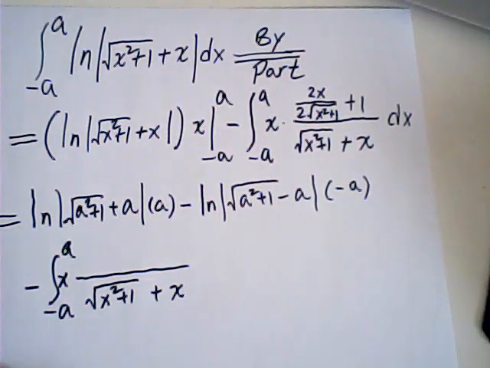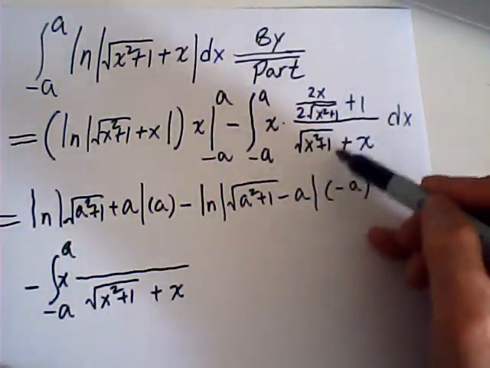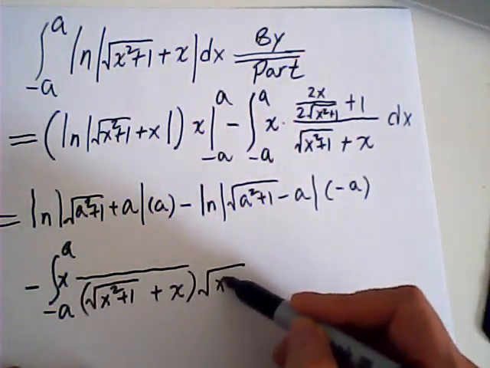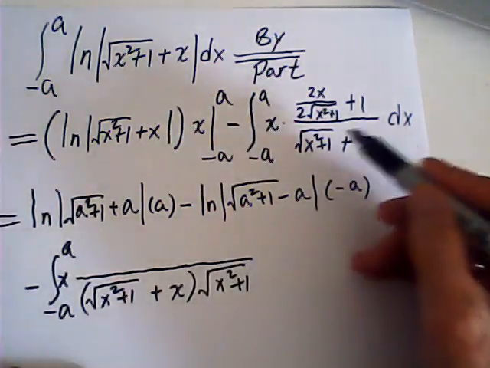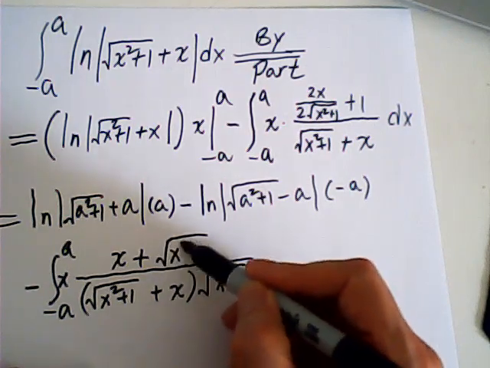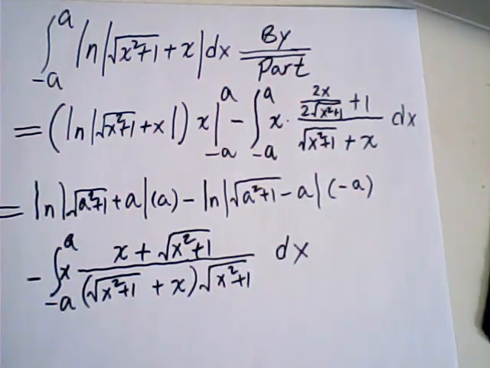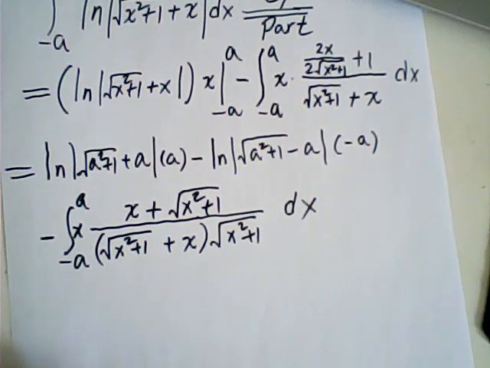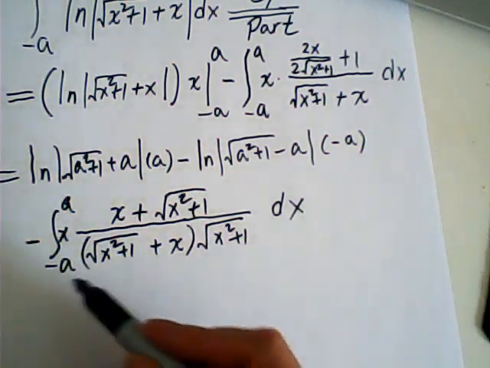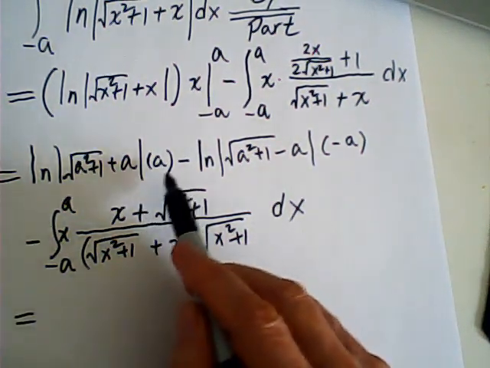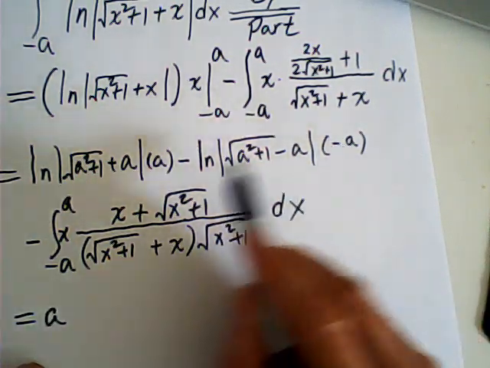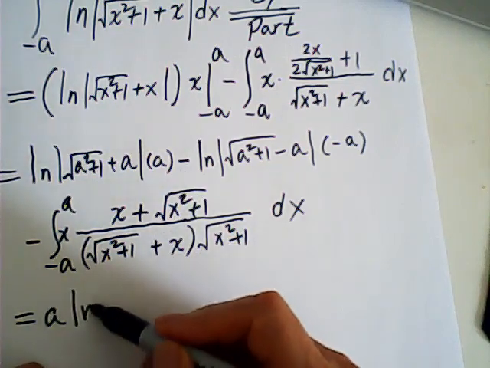To simplify this one, I multiply the numerator and denominator by square root of x squared plus 1 minus x. So this is gone. So you have x times square root x squared plus 1 minus x, right? Well, so far so good. So this is equal to, now this is a, and a is a common factor, so a is out. This negative changes this one to positive, so it becomes a log.